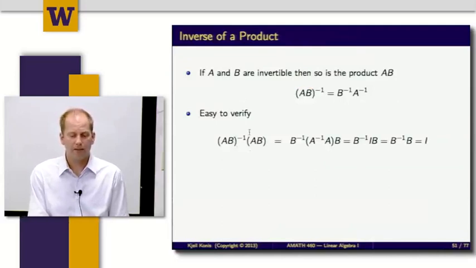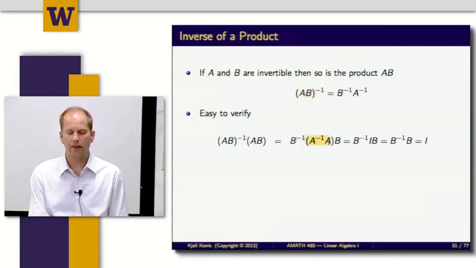Remember, my definition of the inverse said that if I have the inverse times the matrix, that has to give me the identity. So in this case, it would be (AB) inverse times the matrix product AB. Now this I can write without the parentheses. The (AB) inverse, the order swaps, so it becomes B inverse A inverse.